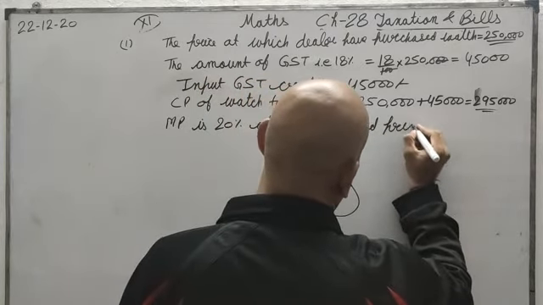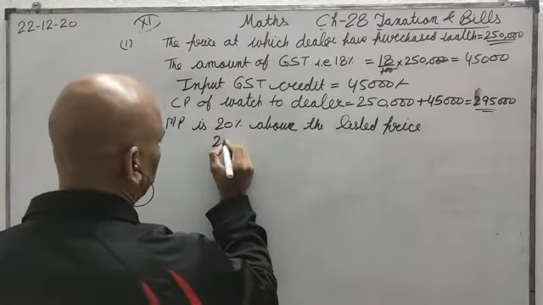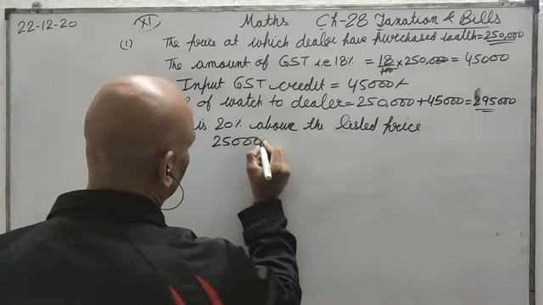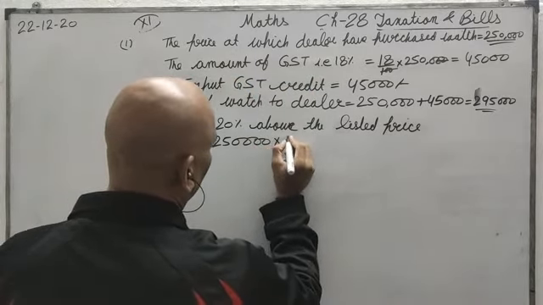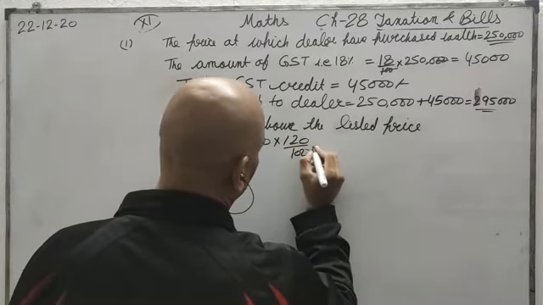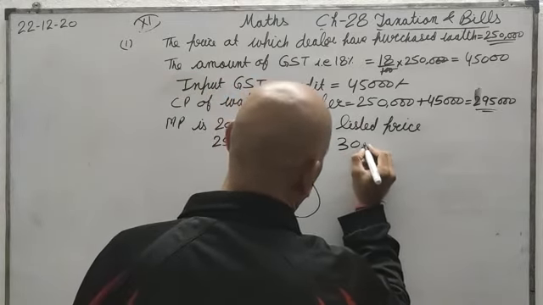Listed price से 20% ज्यादा है, so 2,50,000 का 120% निकाल दें.